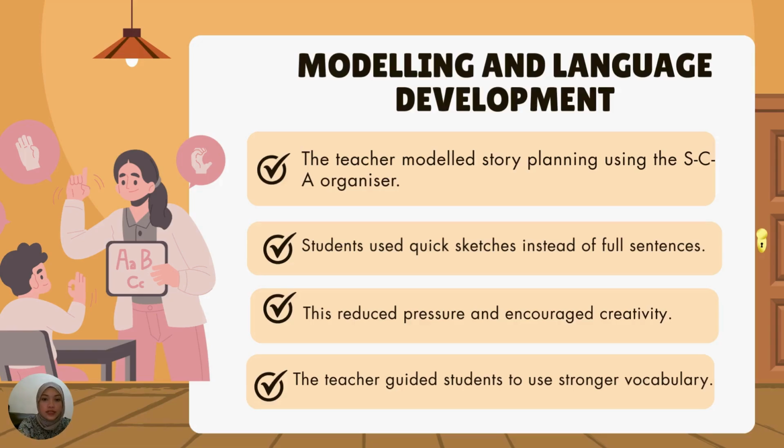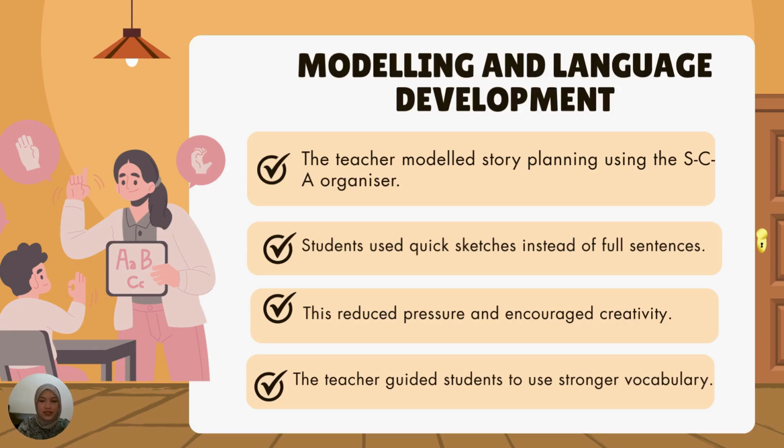Next is modeling and language development. A major strength of this lesson is modeling. The teacher taught story writing using a structure called SCA, which means S for setting, C for character, and A for actions.